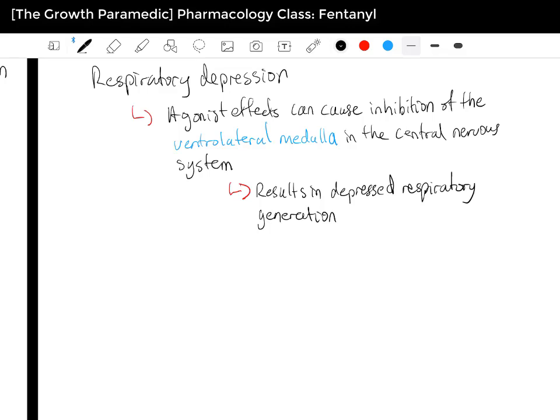So be mindful with those patients who already are presenting with low respiratory rates. If you're looking at their chest and they're not doing more than 12 breaths per minute, or even 10, the normal or healthy range we set as the standard in our vital signs survey is 12 to 20 breaths. So if they're doing less than 12 breaths, be mindful that if you give them morphine or fentanyl or any of those opioid agonists, you will cause depressed respiratory generation.